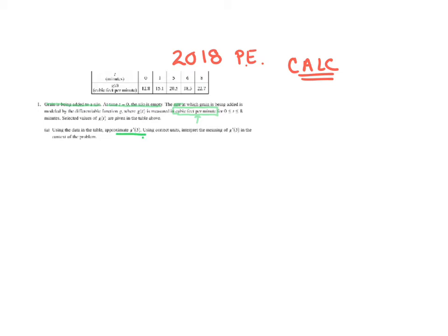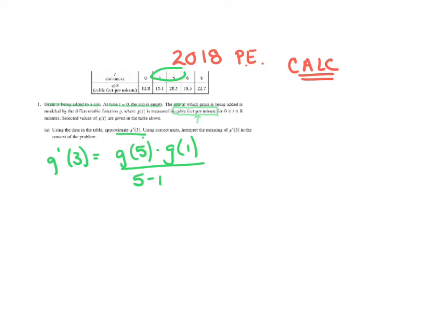So we'll stop there. If I want g prime of 3, I'm going to look for those two numbers that surround time 3. So I'm going to say that's g of 5 minus g of 1 all over 5 minus 1. And I'm going to throw those units down right away because I'm sure they're going to ask about it.